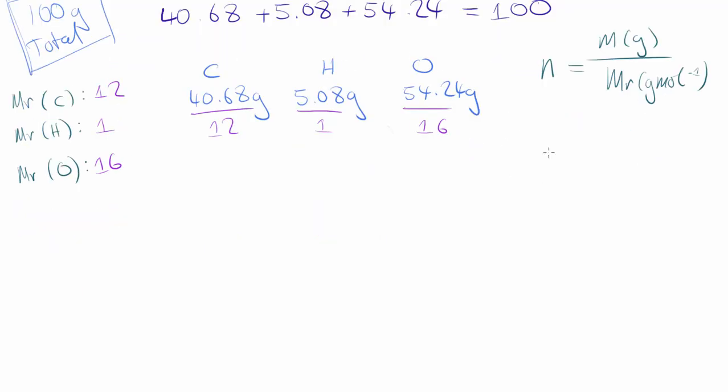When we work this out, we can establish a molar ratio, comparing the moles with each other. I would invite you to have a go and see what you get. For 5.08, you don't need a calculator, because dividing by 1 is literally just 5.08. But for the others, you may find it useful to use a calculator. So for carbon, it's going to be 3.39.